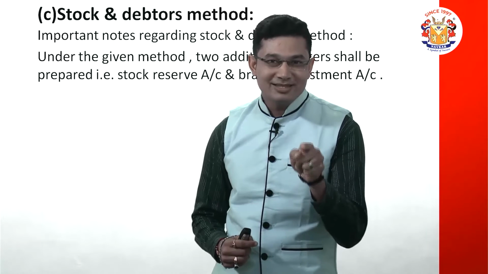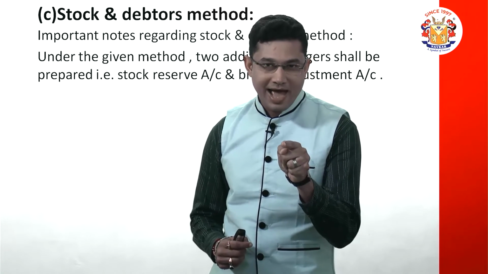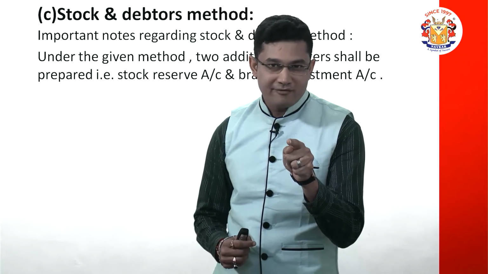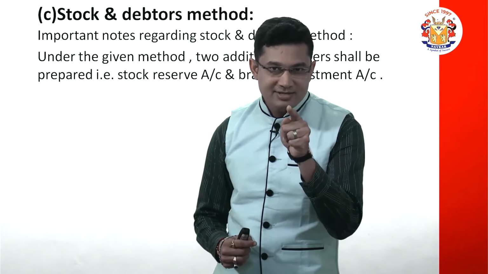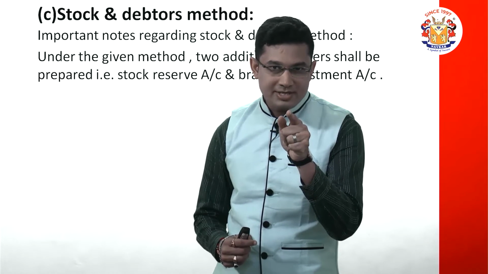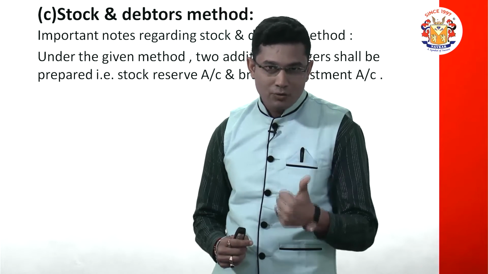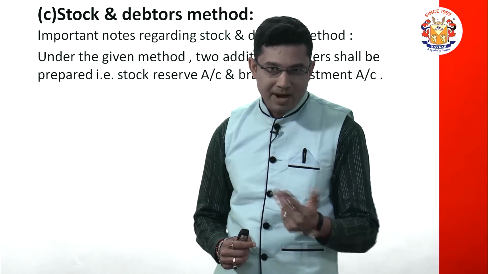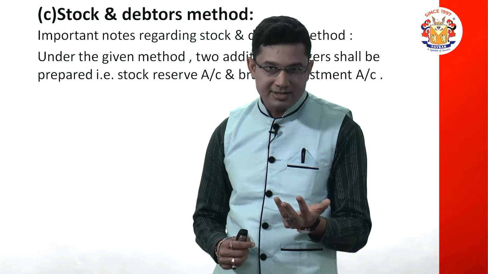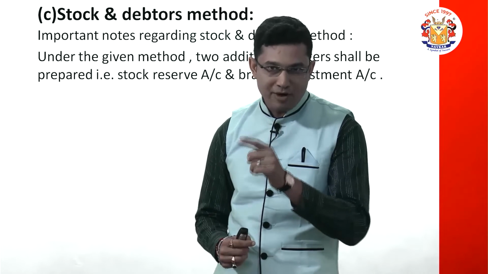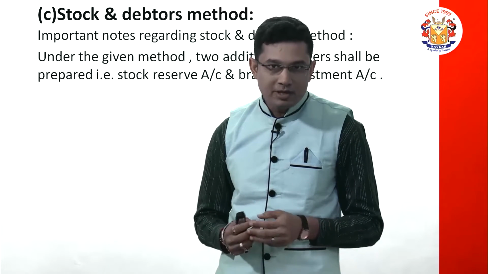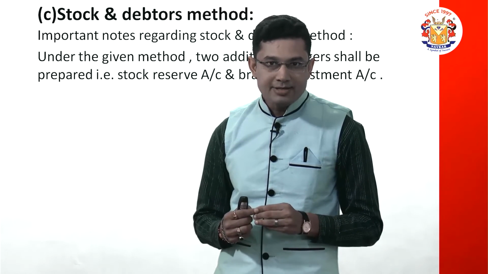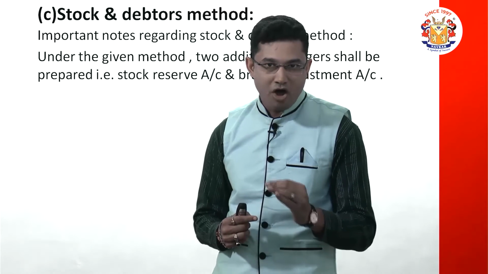So ultimately in this question, we will get gross profit by way of branch adjustment account, because in branch stock account we are going to record opening branch stock, goods sent to branch, goods returned by branch, and closing branch stock at invoice price. So then what will be the answer in branch stock account? Very simple, normal profit.